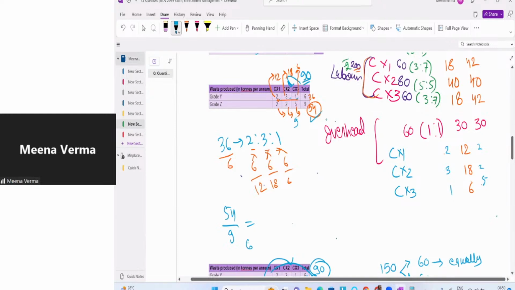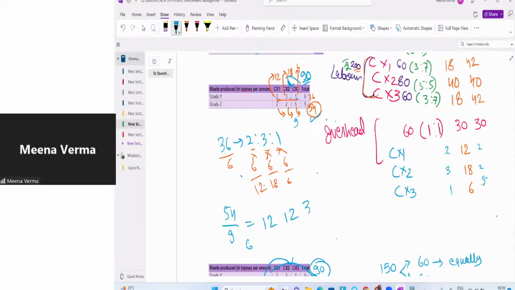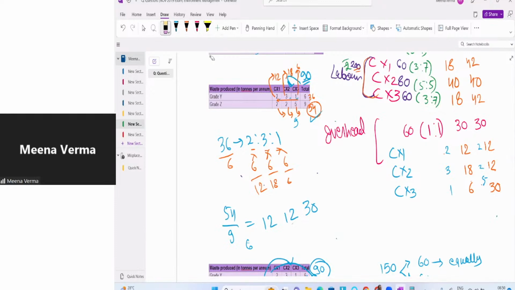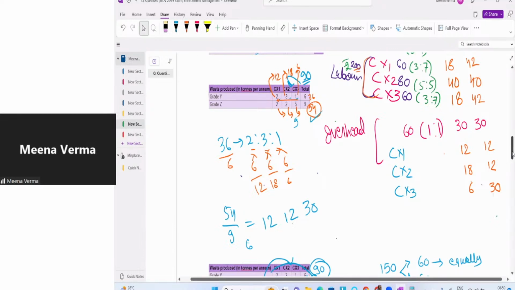So you get 12, 12 and 30. So 12 here, 12 here, and 30 here. This is how you will allocate the overhead of 90.